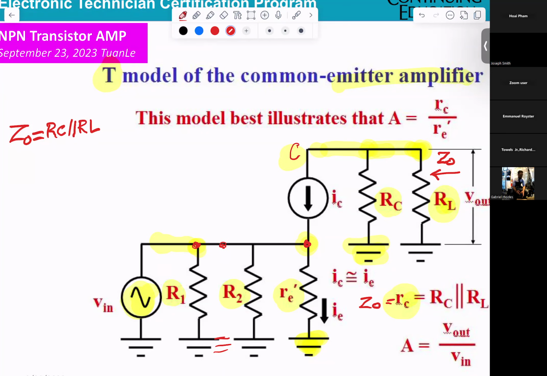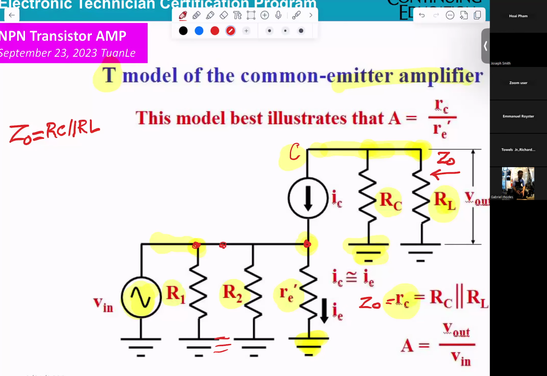But normally we're using Z out, output impedance. The textbook uses R small c, same thing. That's the first thing.